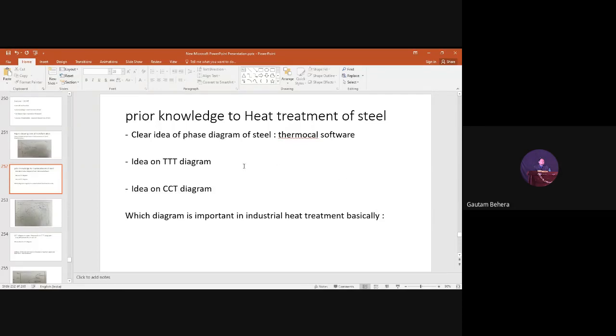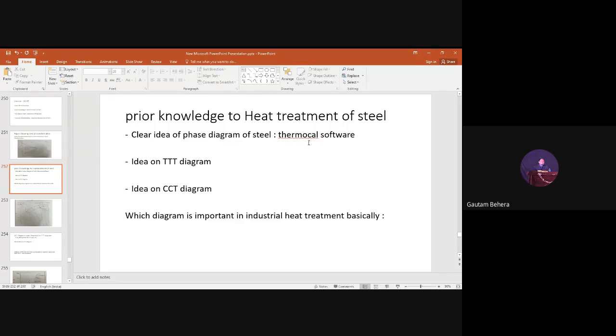So to get a complete austenite phase, at what temperature will you have it? You should know the phase diagram, obviously. You should at least have an idea about the phase diagram: at what temperature and at what composition you will get a homogeneous austenite phase, right? The phase diagram can be drawn with the help of a software called Thermo-Calc.